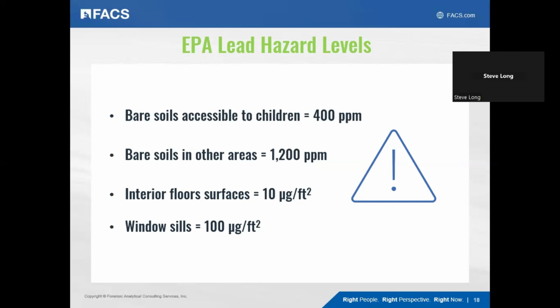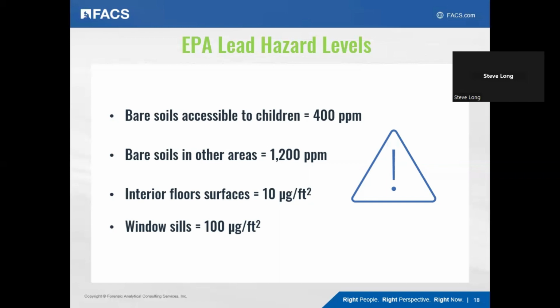And on interior floor surfaces, the level is very restrictive, very low, at 10 micrograms of lead per square foot. So just to give you an idea how small that is, a microgram is a 1/1,000,000th of a gram, a gram, of course, being only a fraction of an ounce. So this is a very small amount that is the permissible limit, and EPA is proposing to lower it even further.